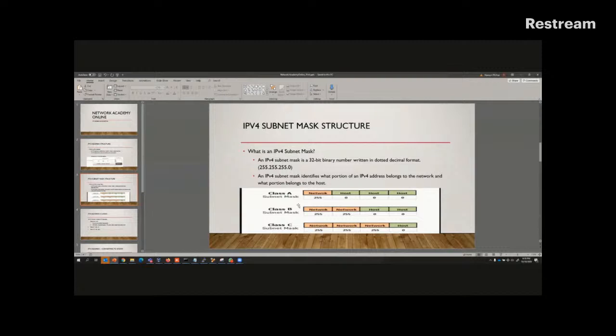And for class B, it's 255.255.0.0. And for class C, it's 255.255.255.0. We're going to be doing some binary math and show you how to break these down as we go through. So just hang tight and start getting the concept.